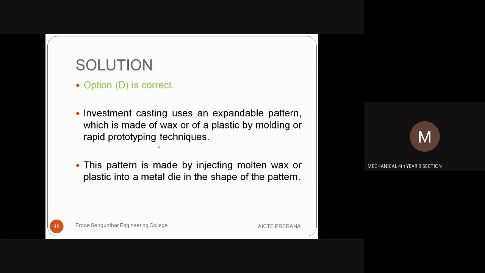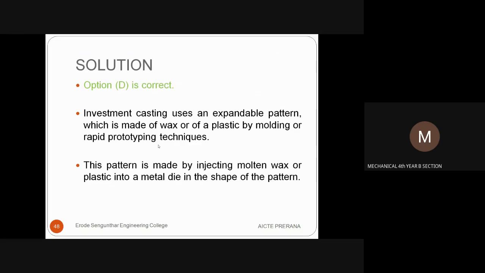You should know this point: the product manufactured out of investment casting does not require any surface finishing operation. Its roughness will be very low, and it doesn't require any further processing for surface finish, right?